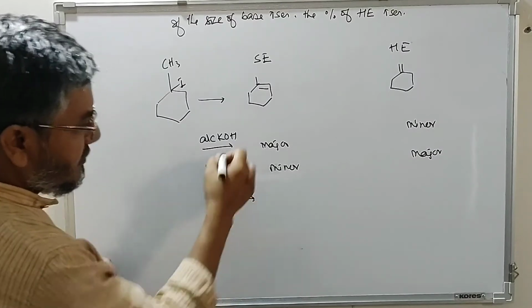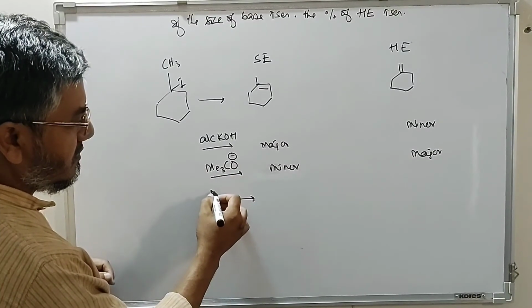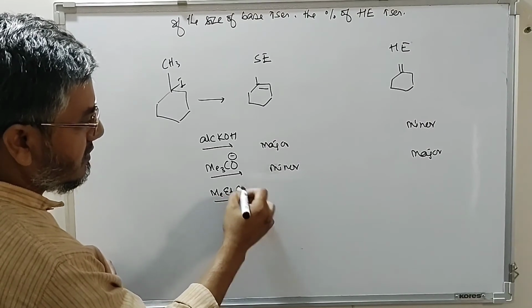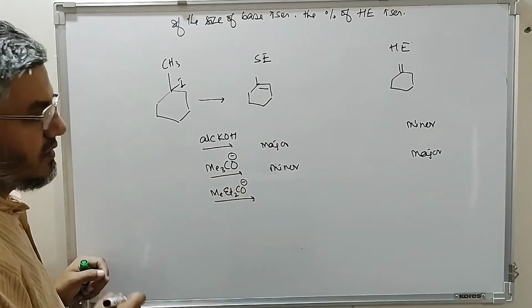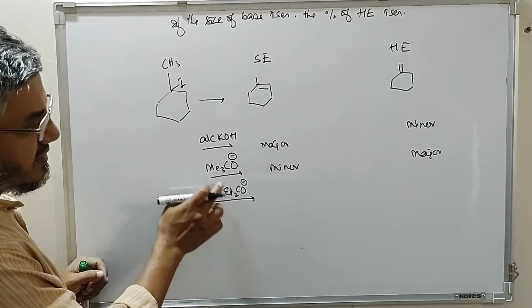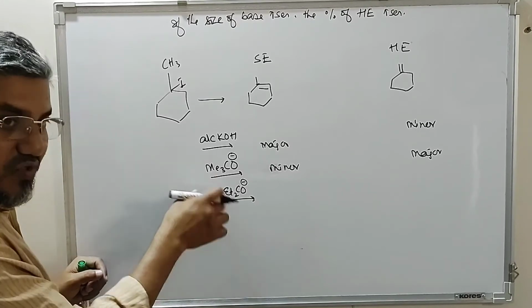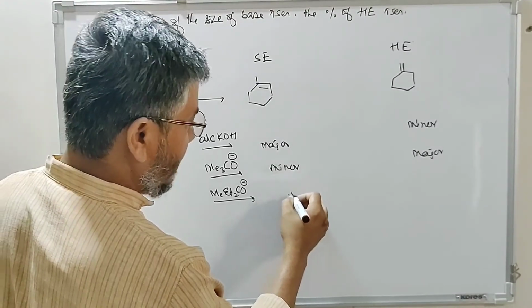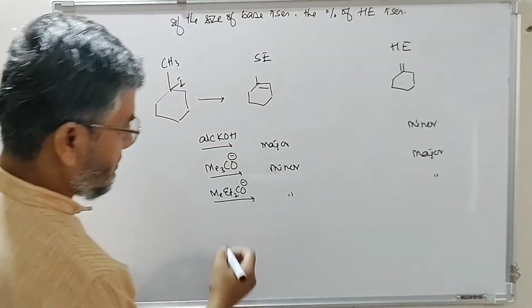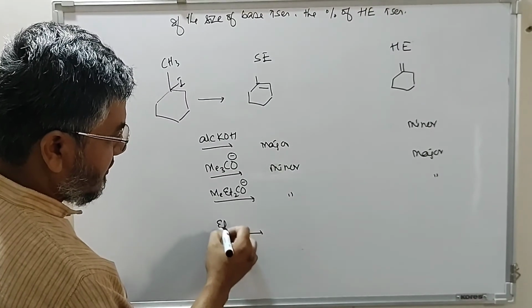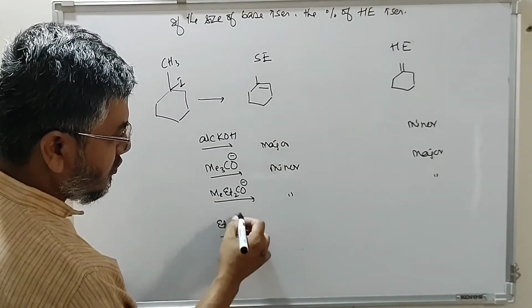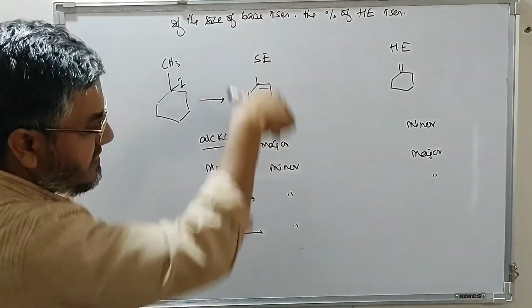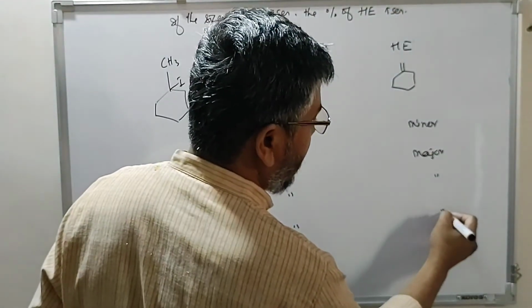But if you look at it again, we change this from methyl to ethyl butoxide ion. The size of ethyl is greater than the size of methyl, so the base becomes more sterically hindered. This becomes the minor product, this becomes the major product. Or if you look at this, we have triethyl CO minus. As the size increases, the quantity of Hofmann increases.